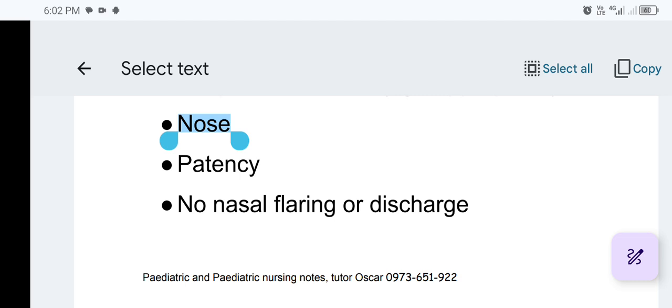That can mean that maybe the child is in respiratory distress. So nasal flaring should not be present and there should be no nasal discharge.